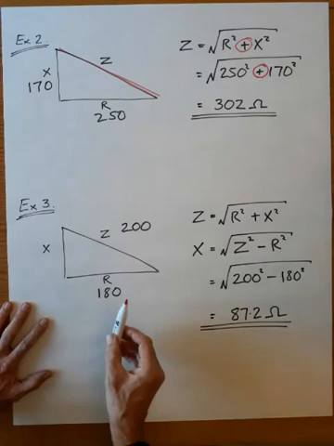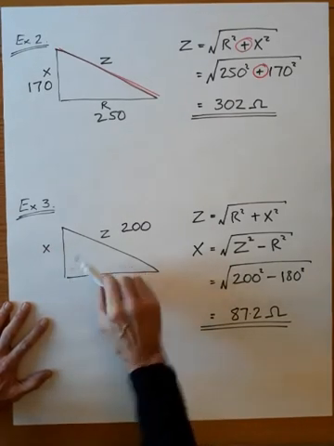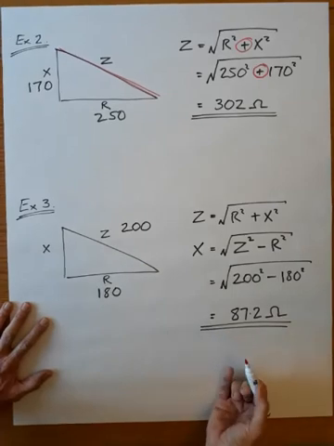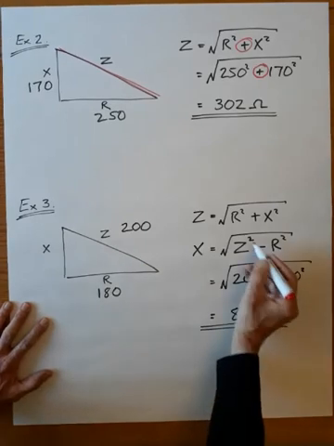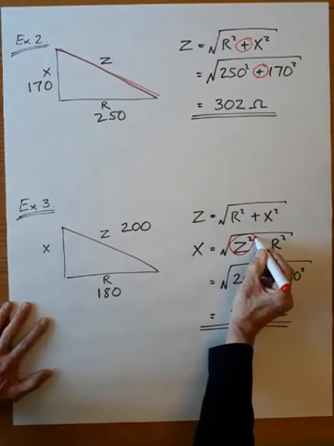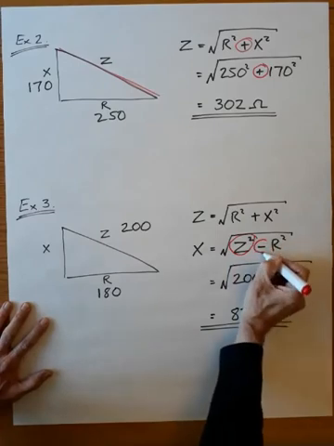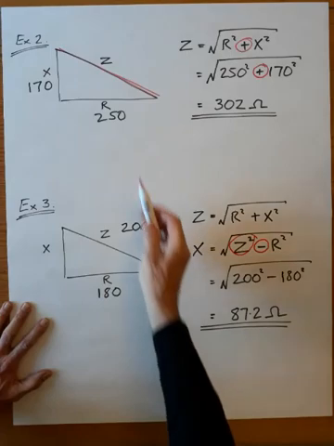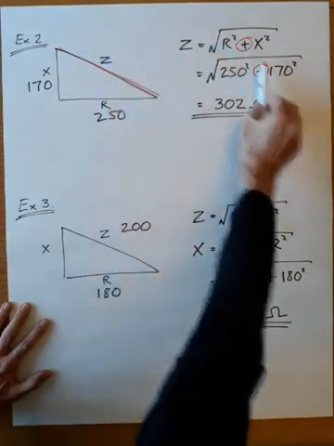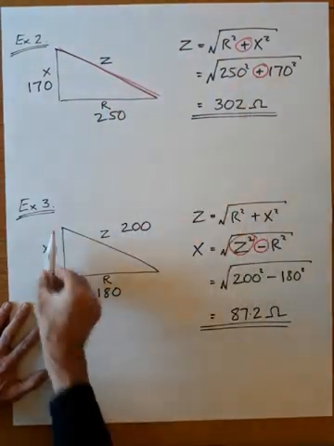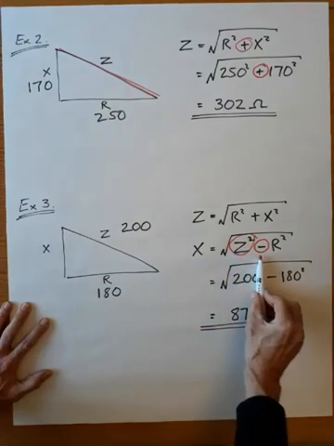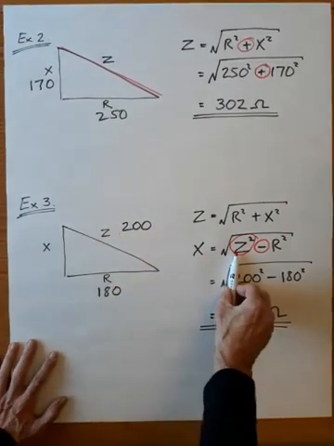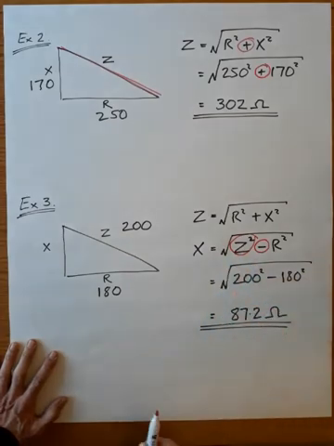If we're looking at finding one of the shorter sides and you're given the longest side, the longest side comes first, and then we subtract the smaller side. So finding the long side, that is plus. Finding one of the smaller sides, that is minus. And you must start with the biggest number first, or else you'll get a syntax error in your calculator.